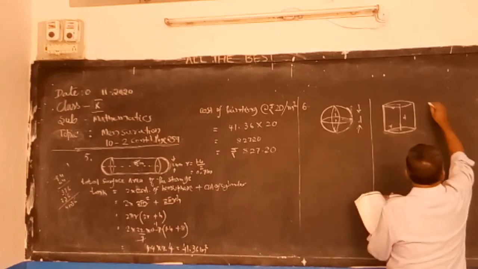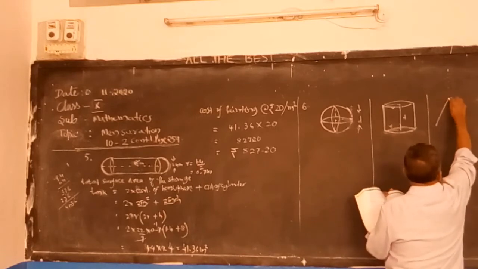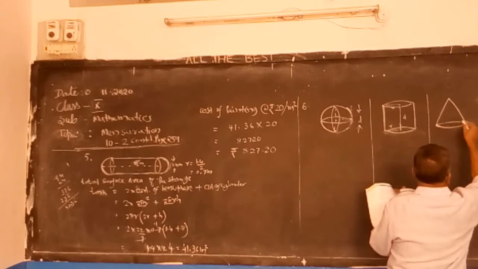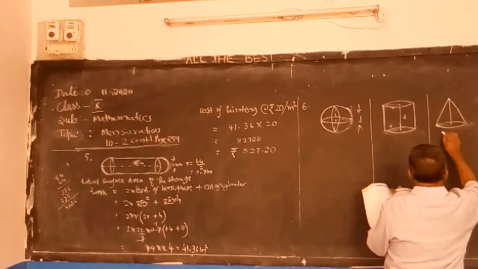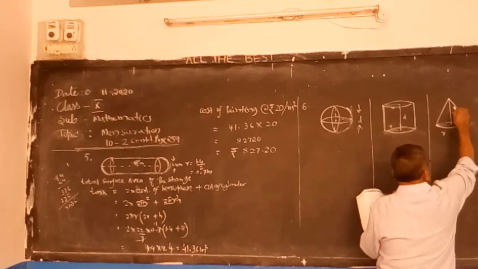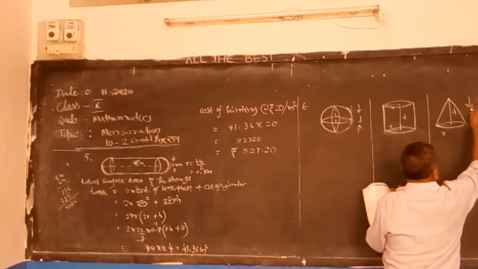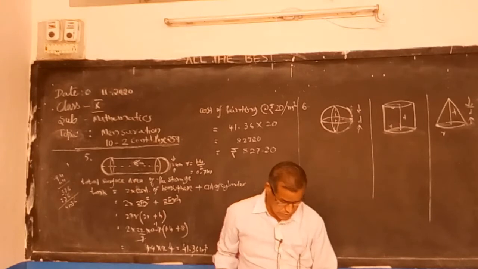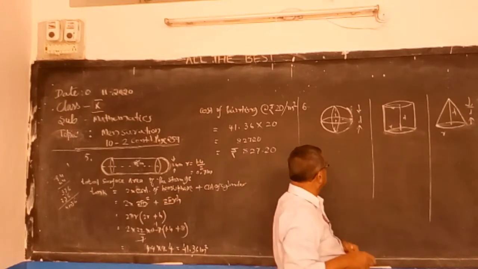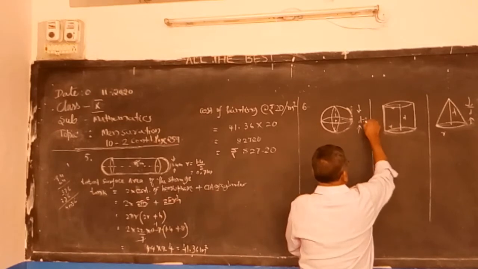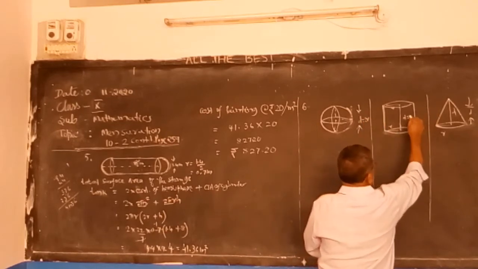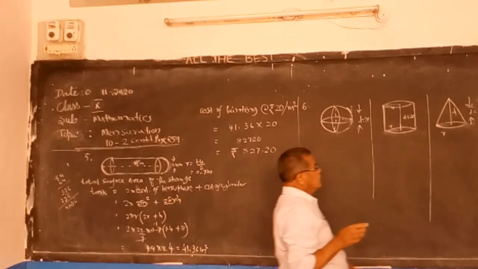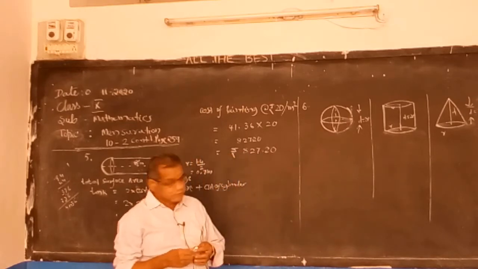And a cone, height is also diameter. Diameter is 2r. He is asking the ratio of volumes.